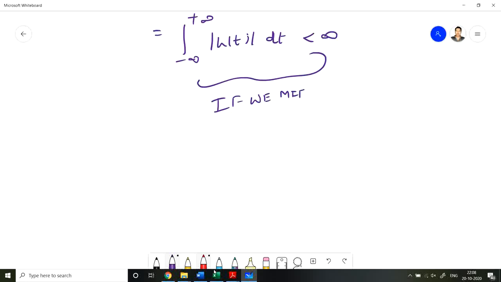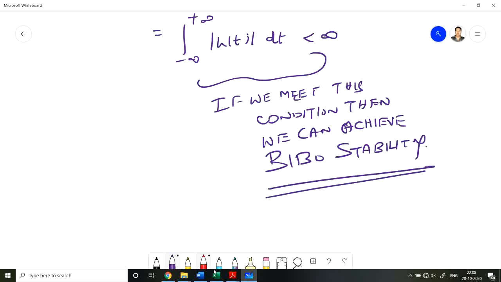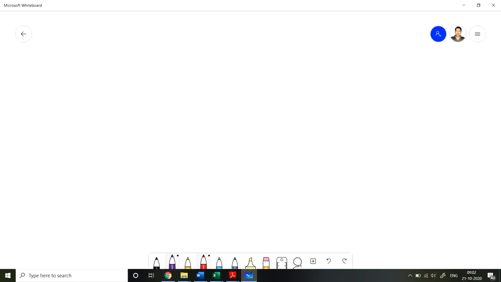If we meet this condition, then we can achieve BIBO stability. So let us do another problem related to system interconnection.